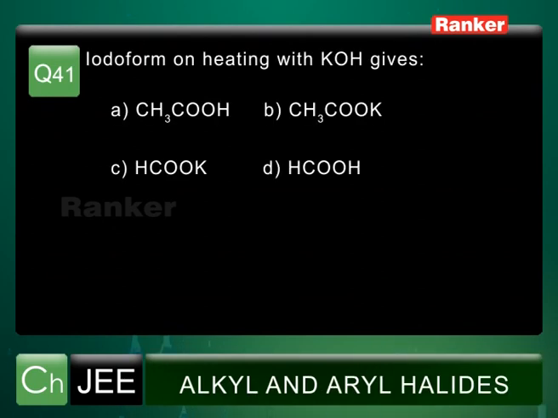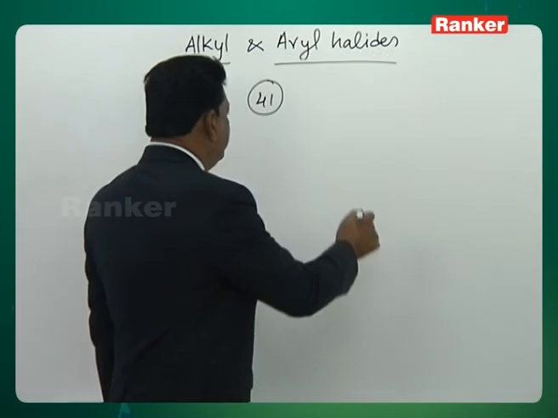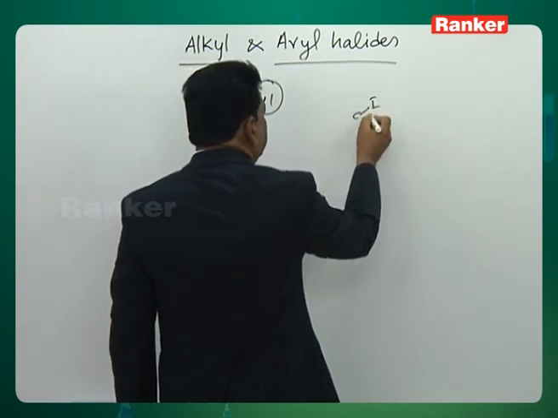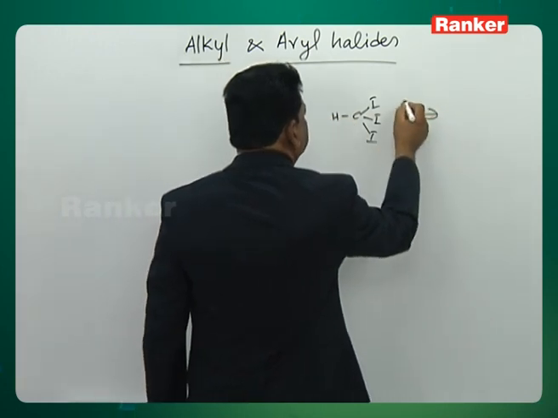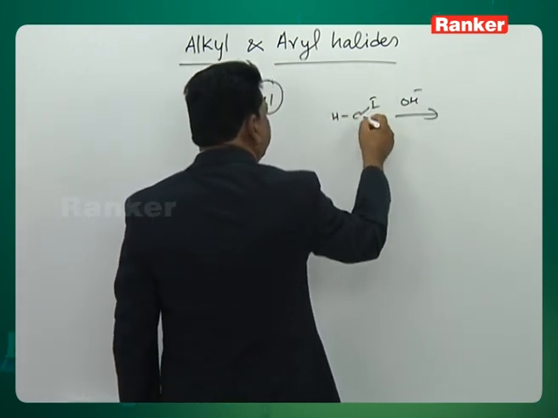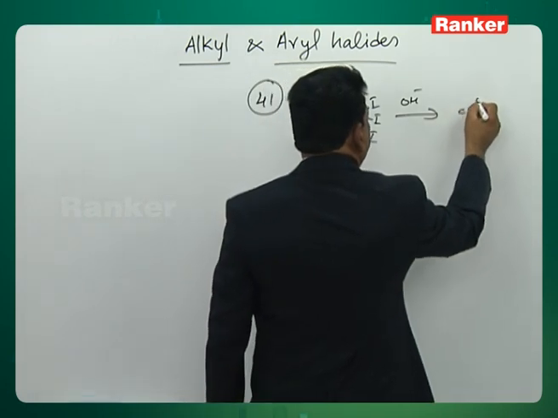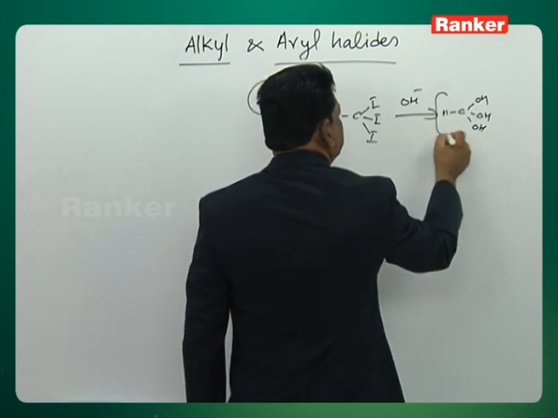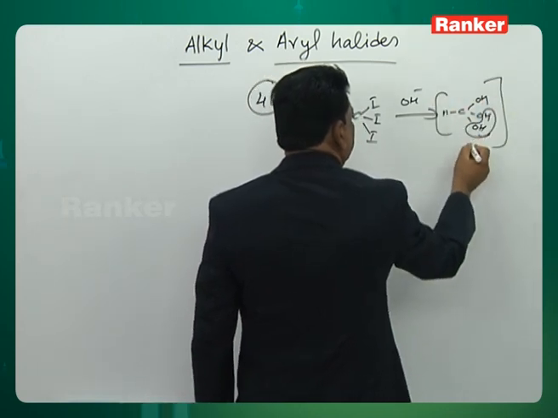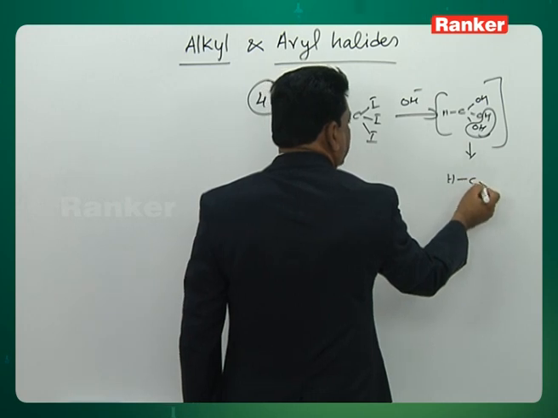Iodoform on heating with KOH gives: option A, acetic acid; option B, the potassium salt of acetic acid; option C, potassium formate; option D, only formic acid. Iodoform is nothing but methyl iodide containing 3 iodines, which on reaction with OH minus, an intermediate you can show like this, 3 OHs will come, which eliminates water molecules to give formic acid.